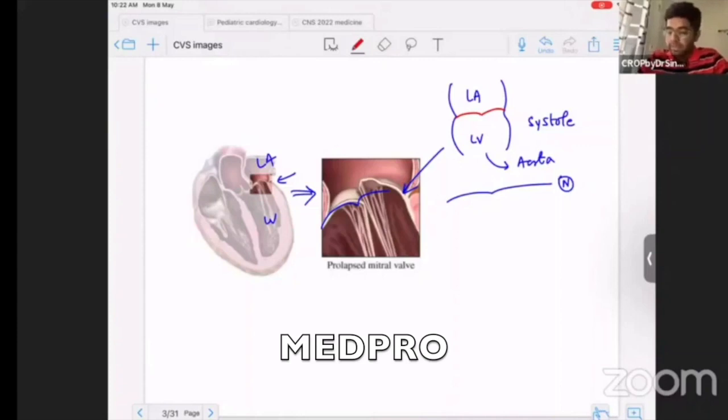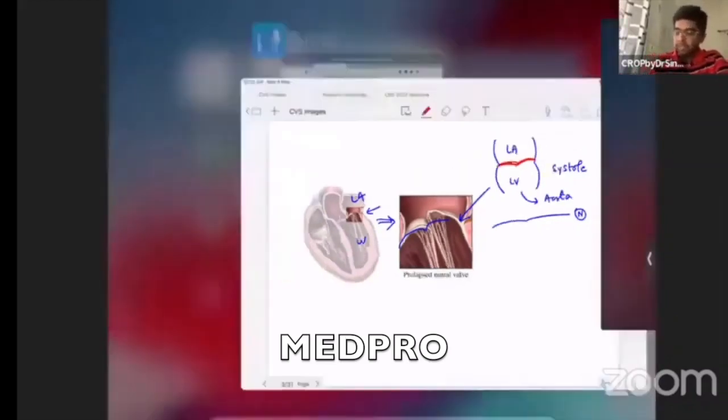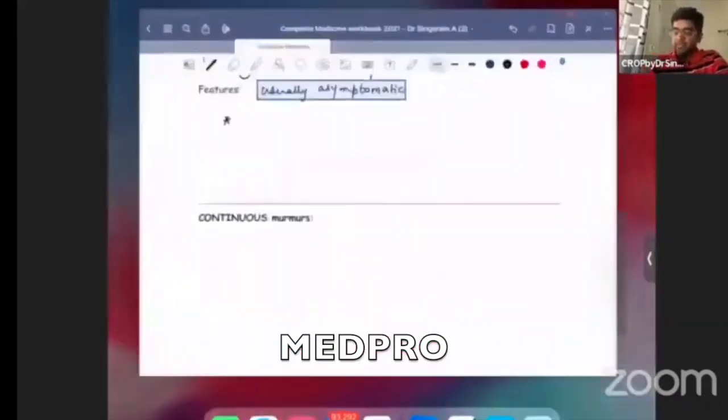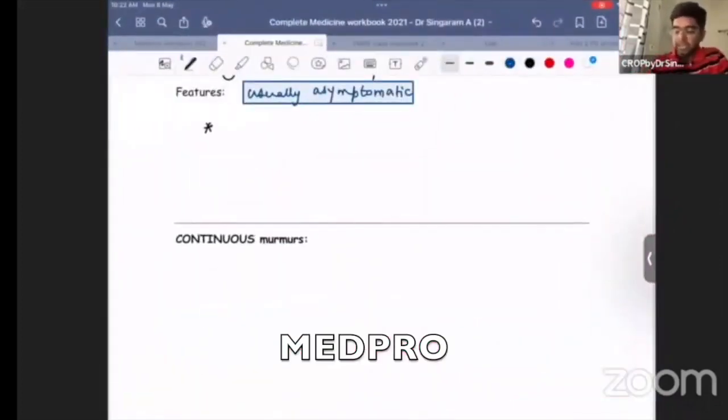It occurs during systole due to the abnormal closure of the prolapsed mitral valve. And what is the name of this sound? It is called the mid-systolic click. That is a characteristic presentation of this particular condition.